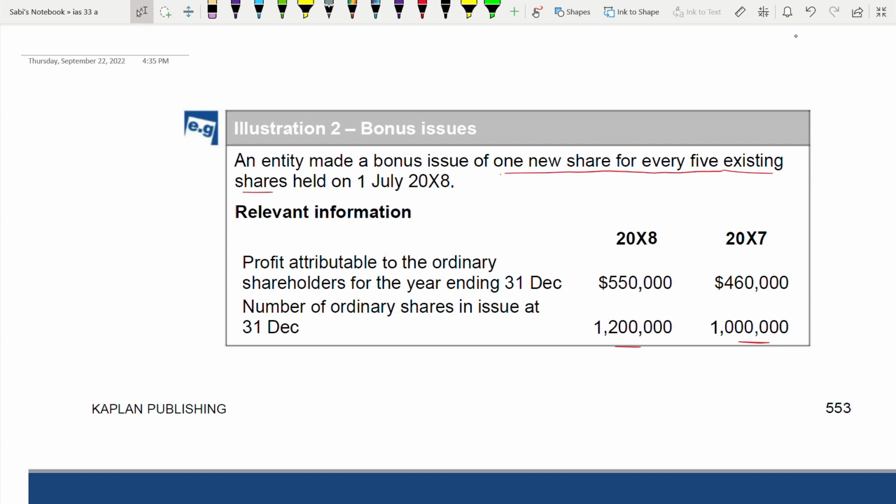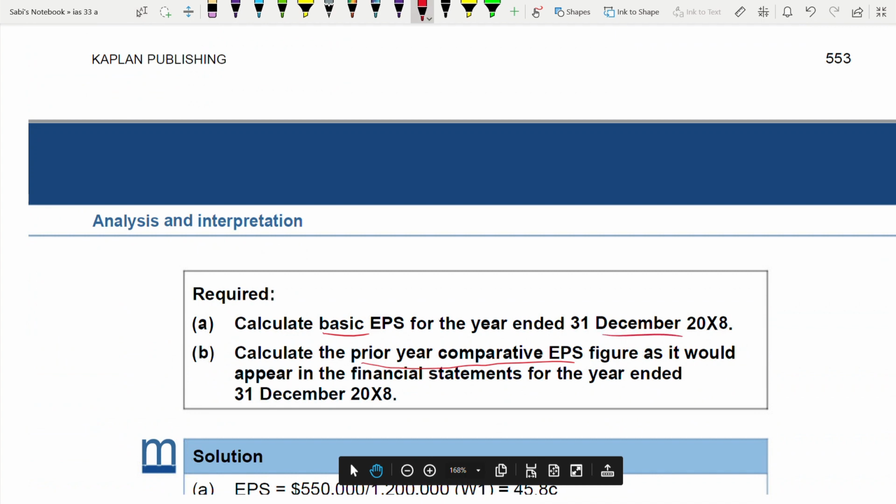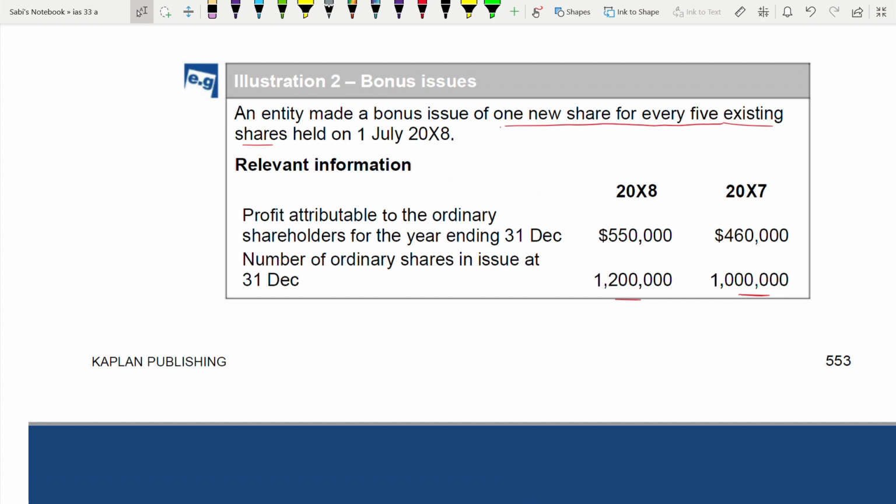They have asked for 31st December 2008. For this year, they are asking the basic EPS. So for 2007, you don't have to calculate.